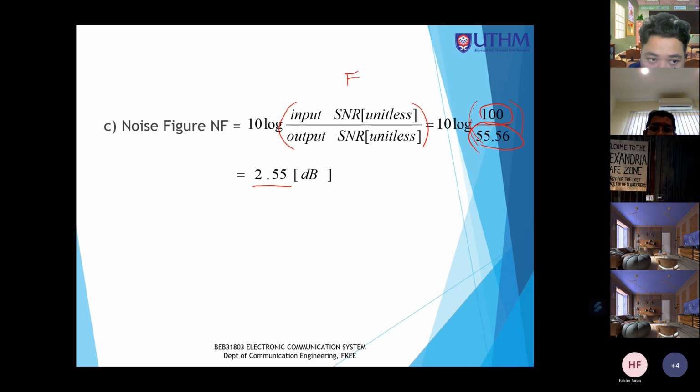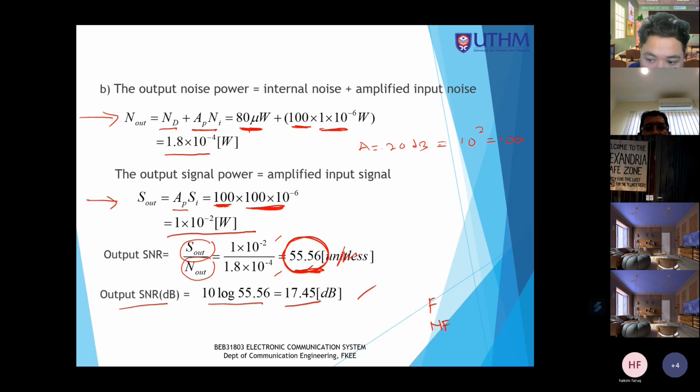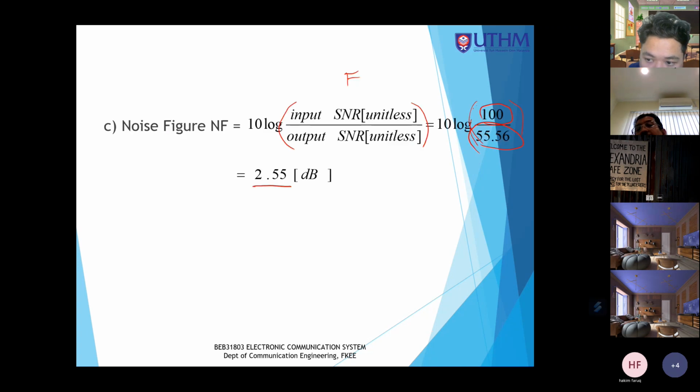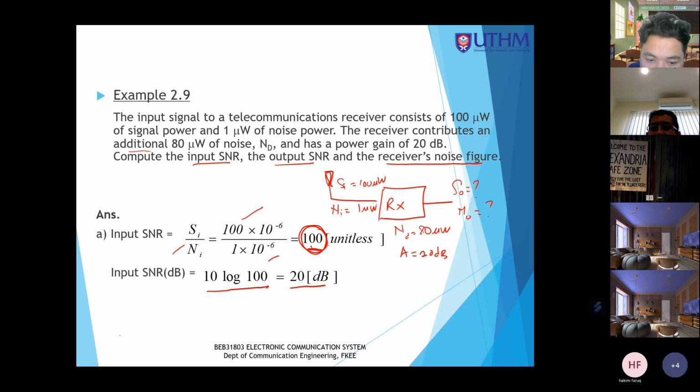So ini ada soalan tak? Do you have questions about this? If you have question, please ask now. If not, I will proceed with the next question. Okay. So dalam example ini, kalau you lihat, dia cuma ada satu device sahaja. It consists of only one single receiver only.